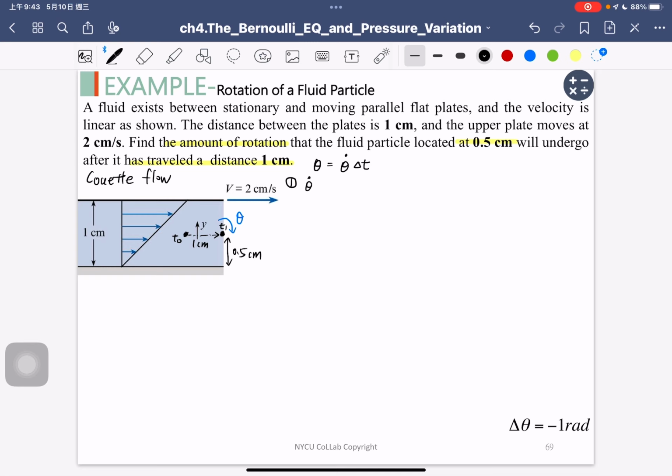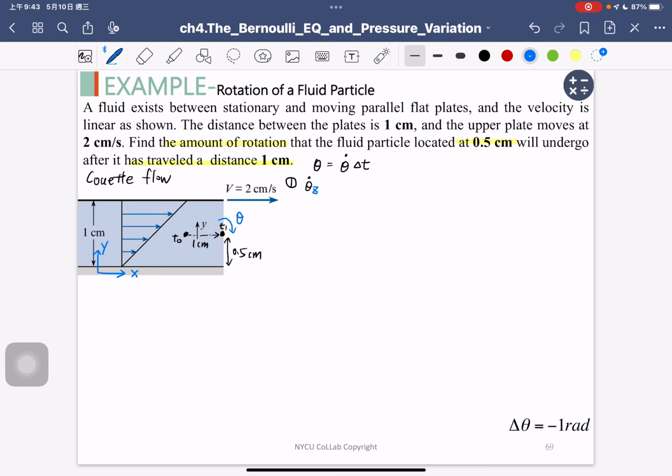And we know the dimensions in here: this is along the x direction, and this is along the y direction. Okay, so the theta rate we should focus on has the rotating axis along the z-axis, because the Couette flow is a two-dimensional flow.